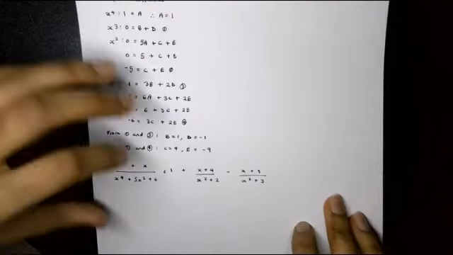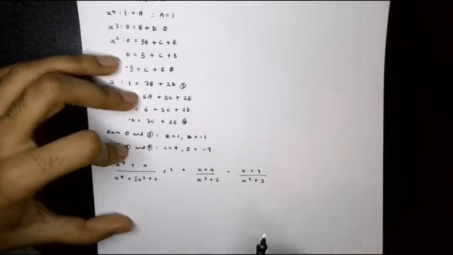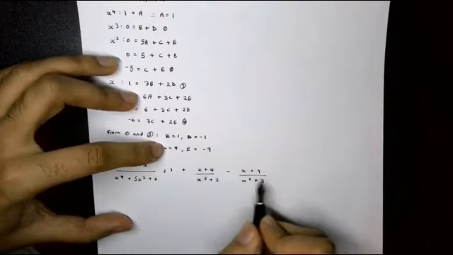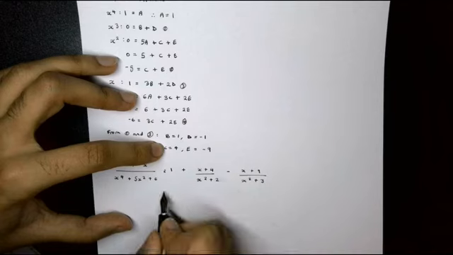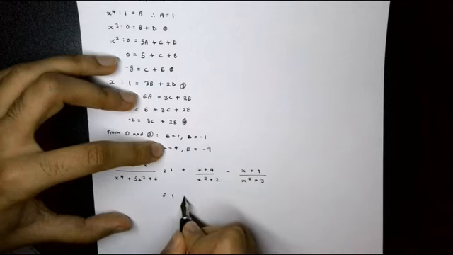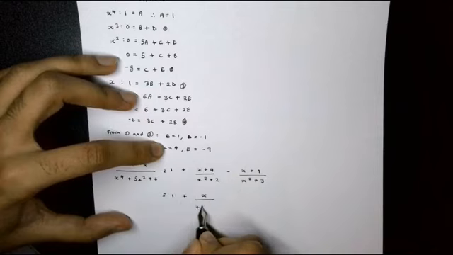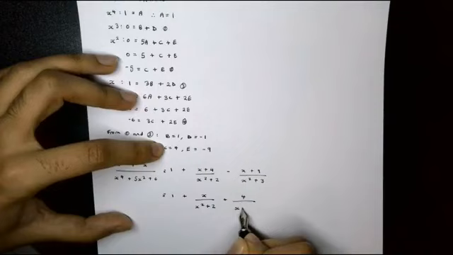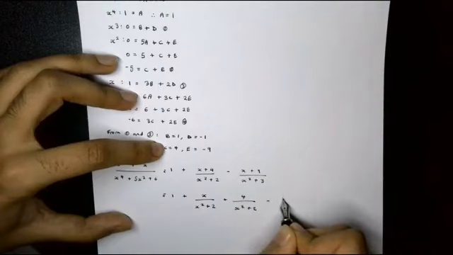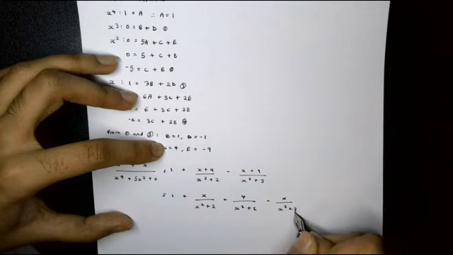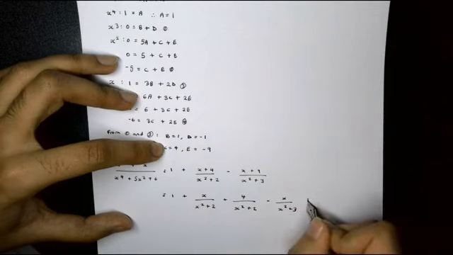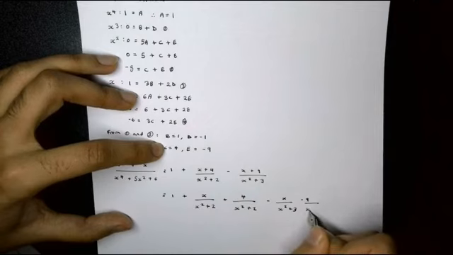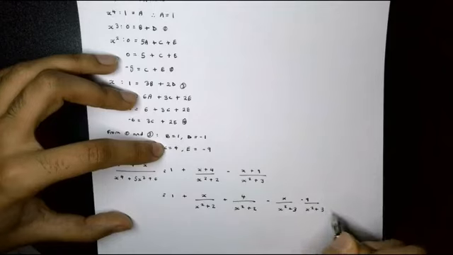Now, I know I'm going to integrate all of this. So I need to write this result and this result in an integrable form. So we've got 1 plus x over x squared plus 2 plus 4 over x squared plus 2. Then we've got minus x over x squared plus 3, and then we've got minus 9 over x squared plus 3.